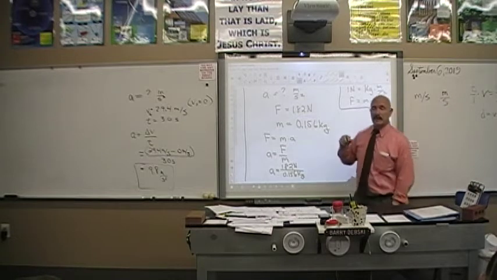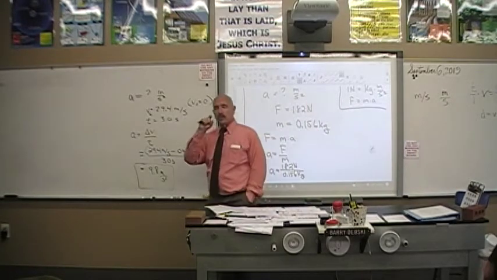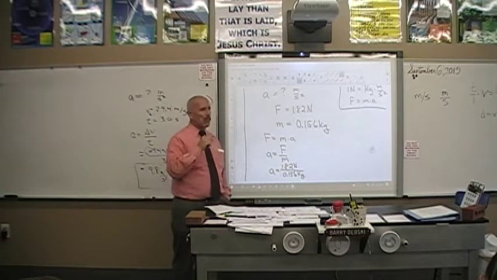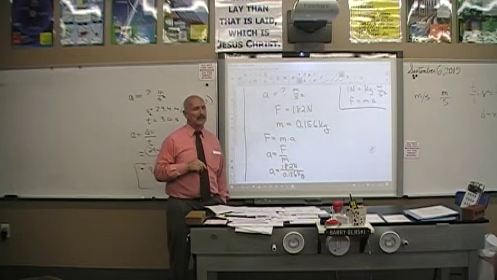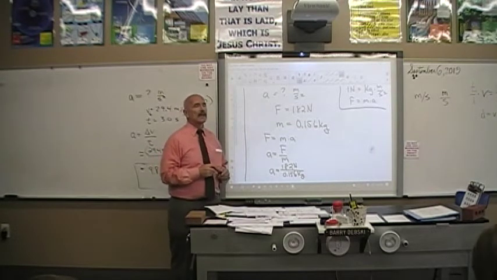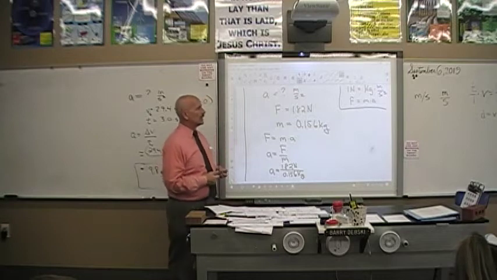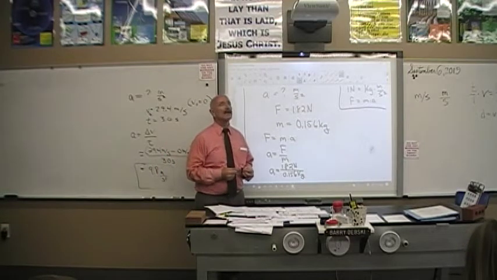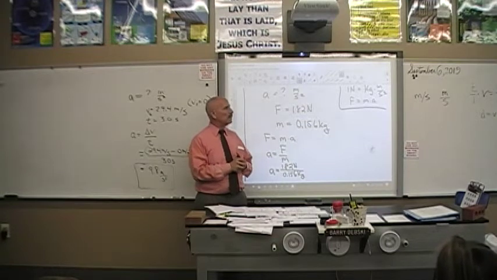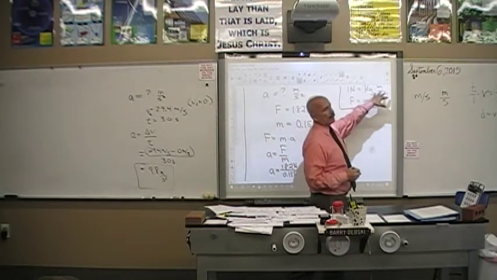So by definition, 1 newton is the force required to give 1 kilogram 1 meter per second squared acceleration. You need to remember that. That's something that I probably would not expect you to remember, but I'm really reinforcing it right now. So I want you to remember: 1 newton equals 1 kilogram meter per second squared.